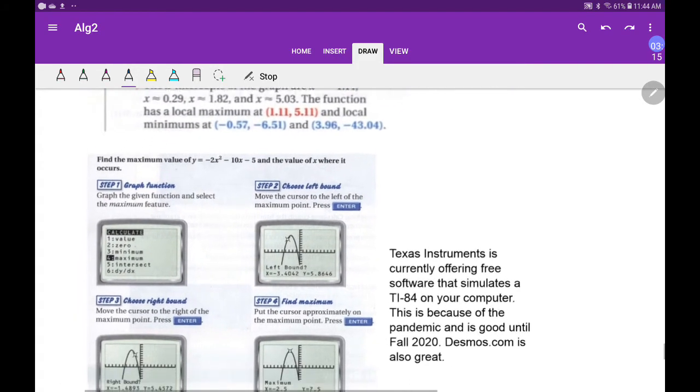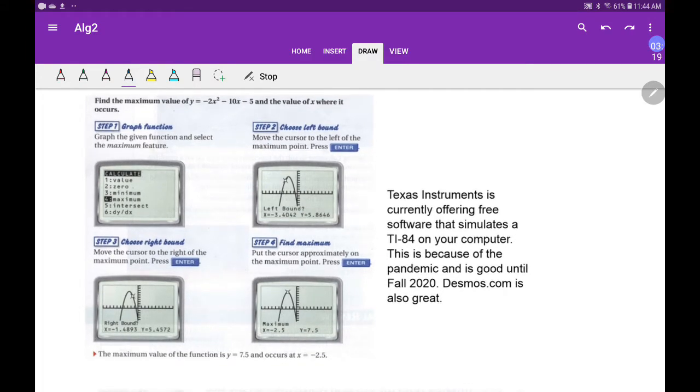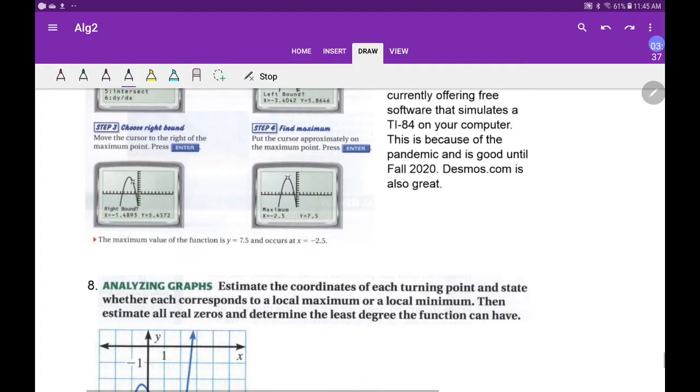I put this little thing up. You can take a look at this. If you have a TI-84 or a TI-83, it's basically the same thing. Right now, Texas Instruments will let you download software that will simulate a TI-84 on your computer, and that might be interesting. Of course, Desmos.com works really well as well.